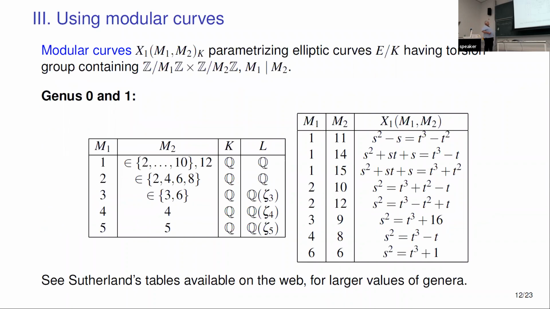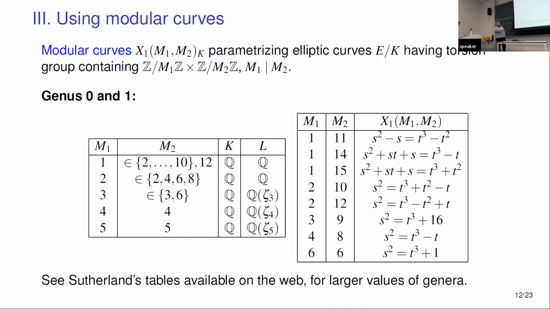Basically, it parameterizes elliptic curves over K having a torsion group containing this one, with M1 dividing M2. So here are the curves for genus 0, and curves here for genus 1.